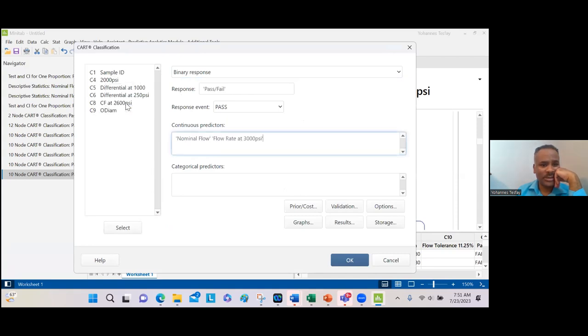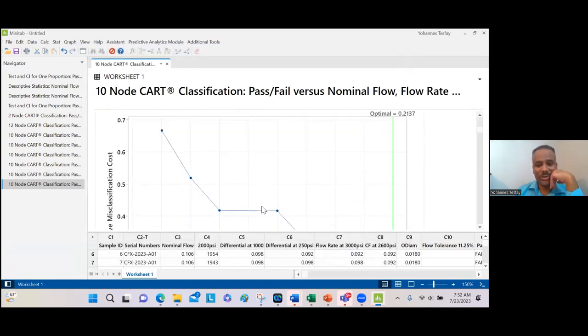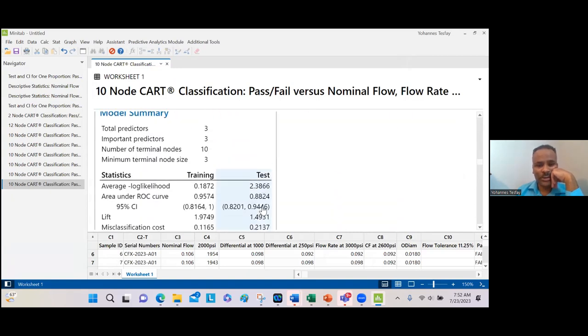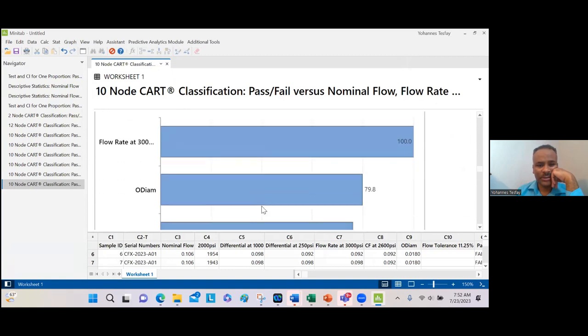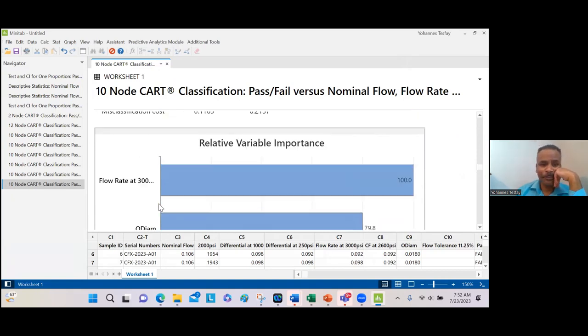Flow rate and orifice diameter, you see. Then I'm going to say okay, so እዚህ ጋር ደግሞ ስመጣ ከሶስቱ አንደኛው ማን ነው የሚለውን እናየዋለን. ማነው flow rate ነው አሁን ደግሞ የመጣው. Then orifice diameter and nominal flow is the same, you see.